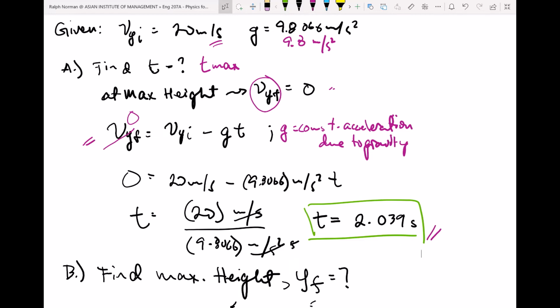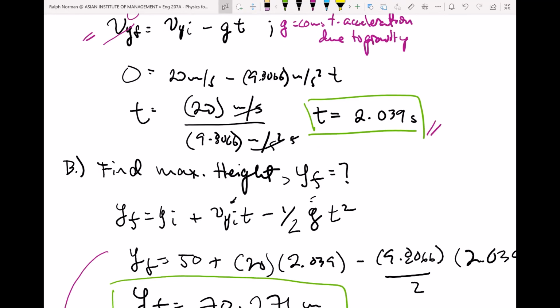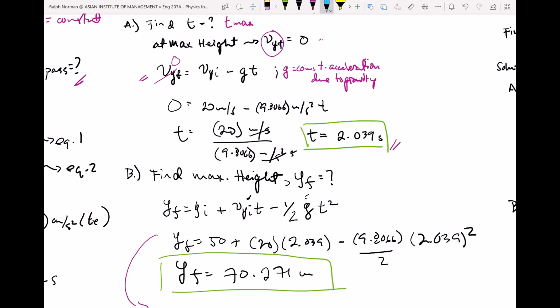Okay. The next problem is, at that particular time, what is the max height? In this case, what is the vertical max height when a stone is thrown at the 50-meter mark? To imagine that, we can draw it.